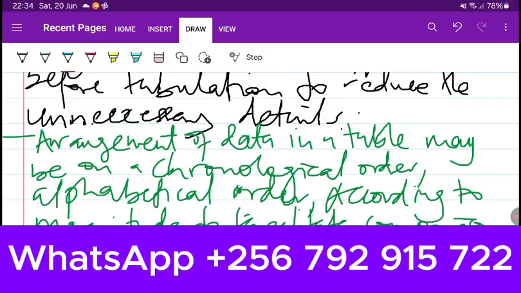Now, what we mean here is that when you are giving out information, it's always good to give it in a certain order. Maybe you start with the smallest up to the highest, or from the highest down to the smallest. But most of the time they give smallest to biggest, that is the ascending order. So if you are giving the ages of students, maybe you start from 0 to 10, that's one class, then 10 to 20. And you also indicate its frequency.